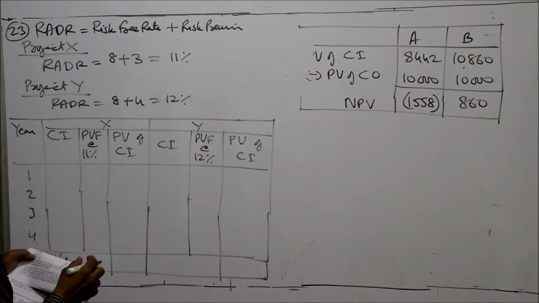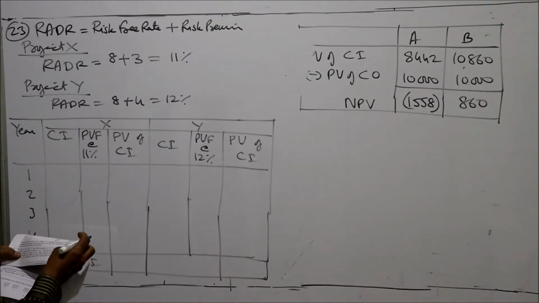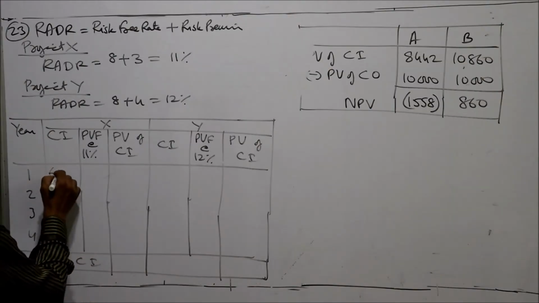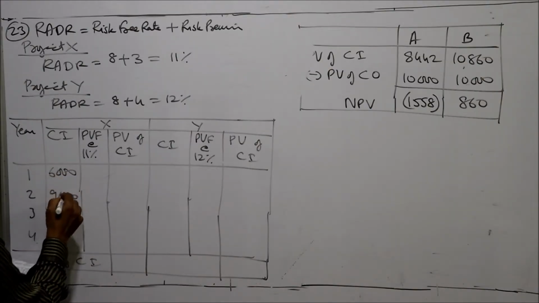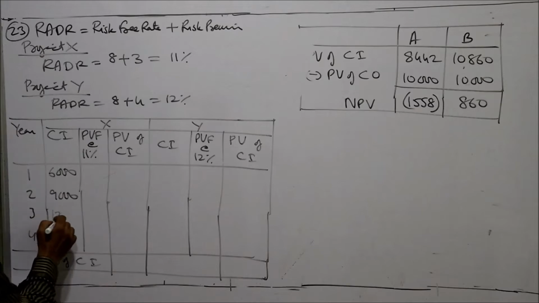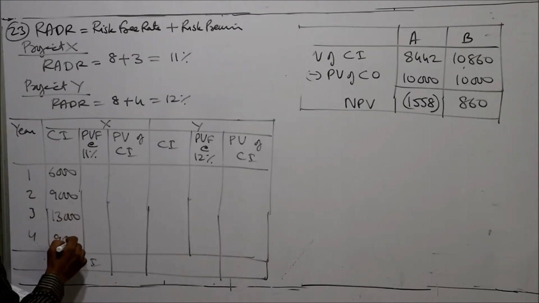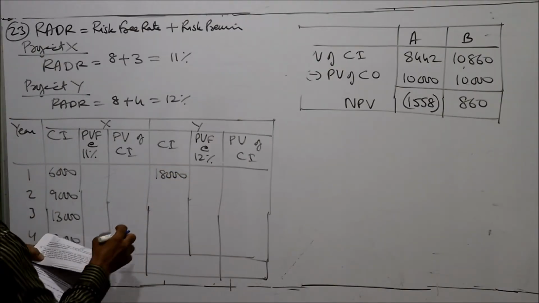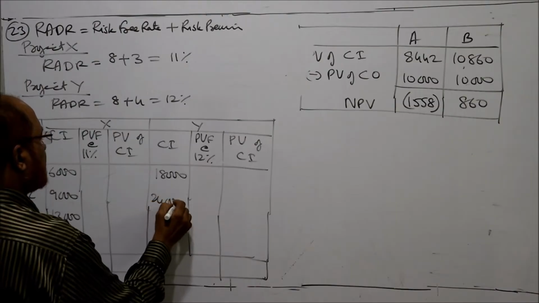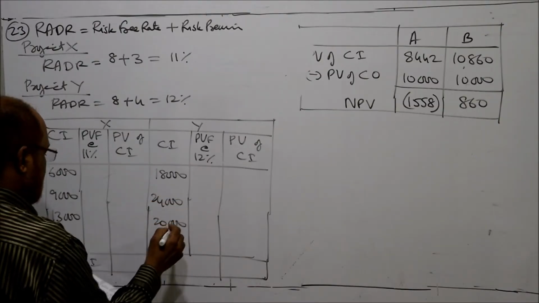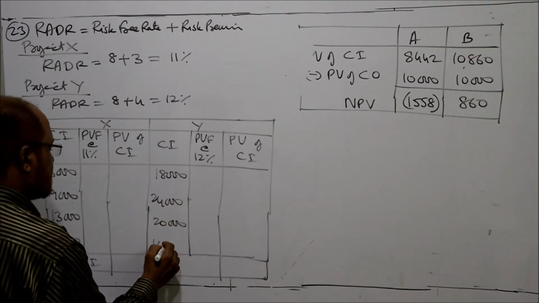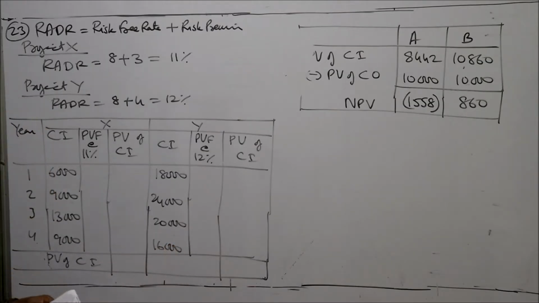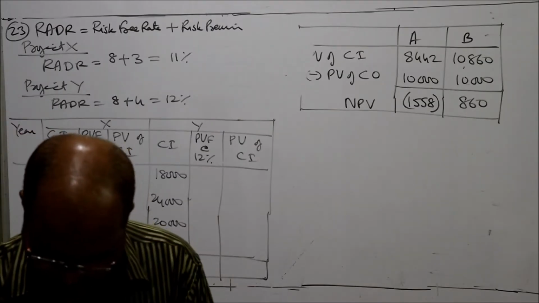So cash inflows are given for X project as 6,000, 9,000, 13,000 and 9,000. Y project 18,000, 24,000, 20,000, 16,000.